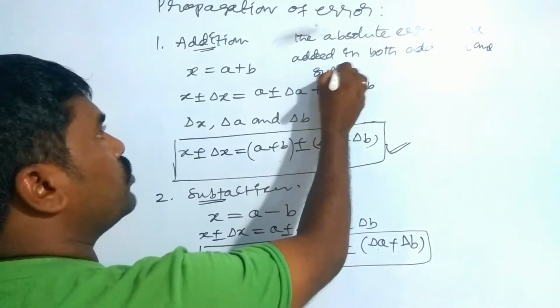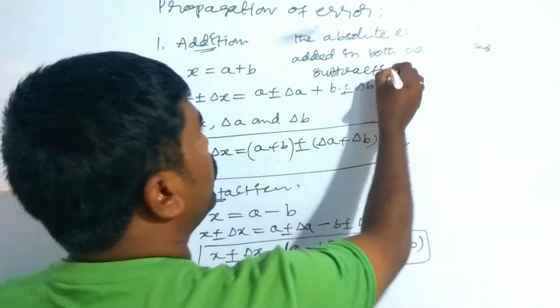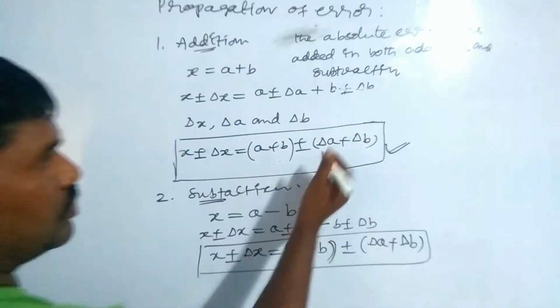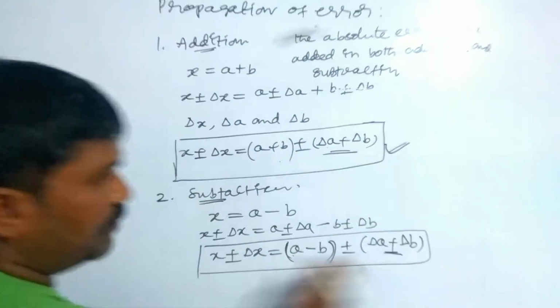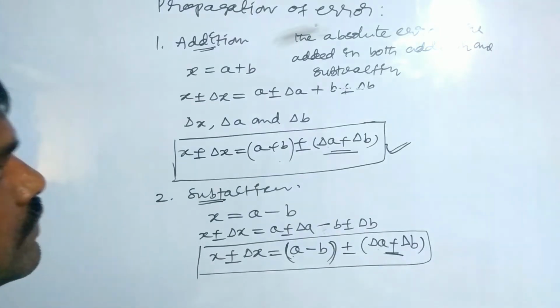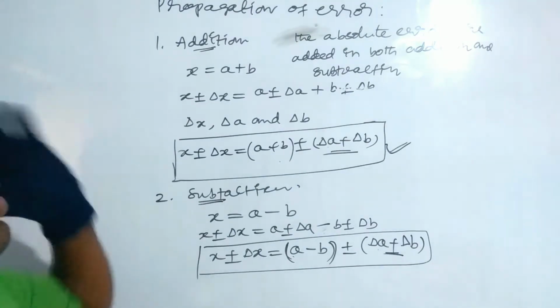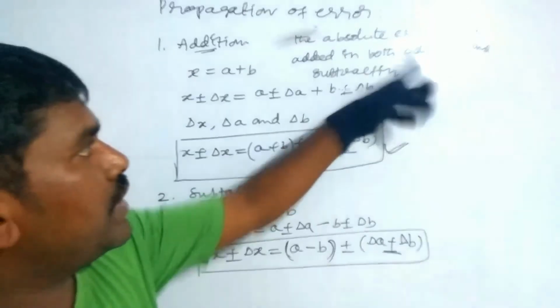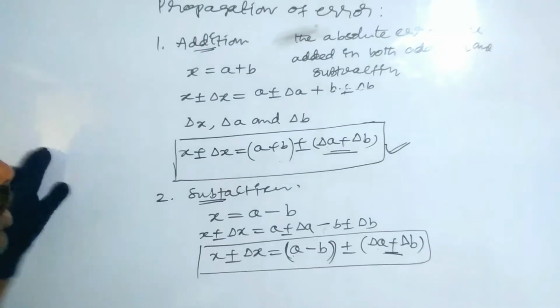This is the most important point you have to remember. These are the absolute errors, and the absolute errors are added in the case of both addition and subtraction. This is the main important point.